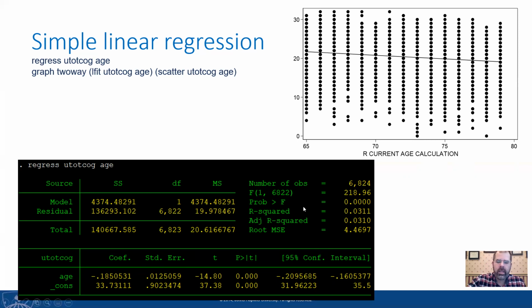The R squared describes the proportion of variance in the outcome explained by all of the covariates. In this case, we can see that 0.03 or 3% of the variability in cognitive performance in this sample is explained by age, which is not high.